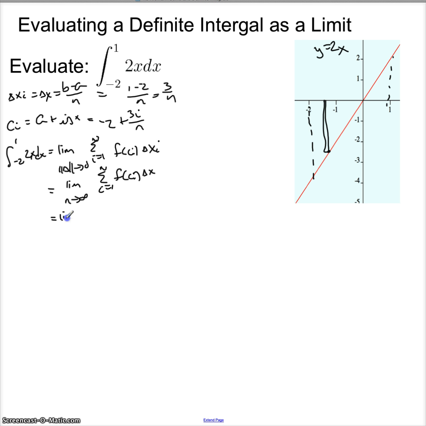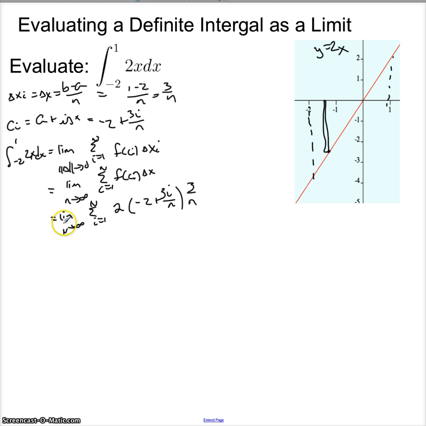This is the limit as n goes to infinity of the summation from i equals 1 to n. Now f(c_i) is 2 times x, or c_i, which is -2 plus 3i over n, times delta x, which is 3 over n.